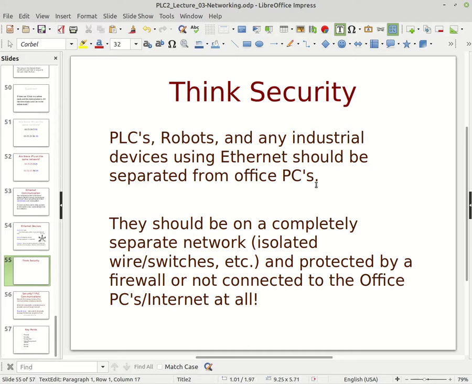As I said before, your industrial network should be completely isolated and separated from all other traffic. You shouldn't have people from China or Russia who could just connect directly to your industrial network with all its sensors and actuators and stuff, and possibly give false instructions and cause damage.